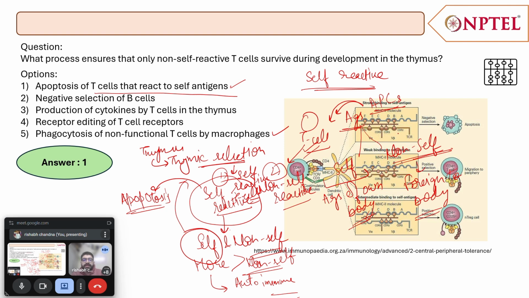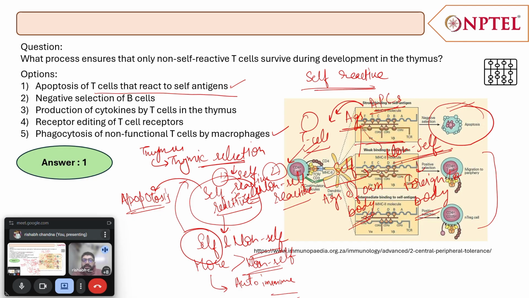Okay, here is another explanation. So this is called negative selection of the T cells. These T cells die by the apoptotic pathway because they have strong binding to the self antigens. But there are other T cells that are also self reactive, but they have weak or intermediate binding to the self antigens.